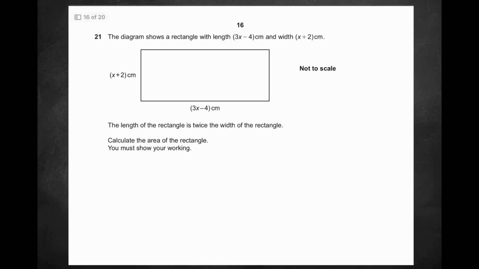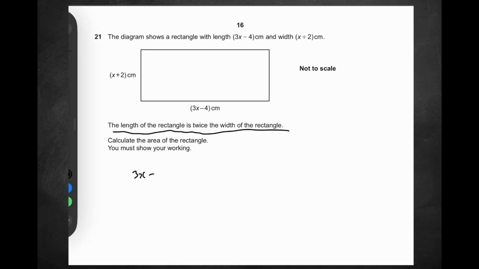Question 21. The diagram shows a rectangle with length 3x minus 4 and width x plus 2. The length of the rectangle is twice the width of the rectangle. Calculate the area of the rectangle. You must show your working. So the length of the rectangle is twice the width, so 3x minus 4 is going to be 2 lots of x plus 2. So we can calculate this and find x. So 3x minus 4 equals 2x plus 4.